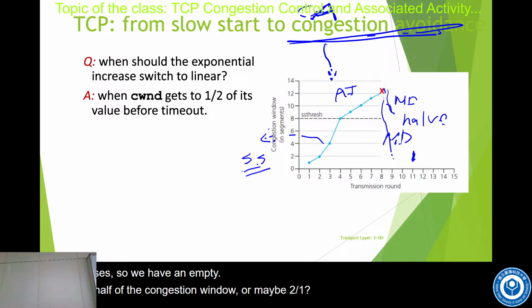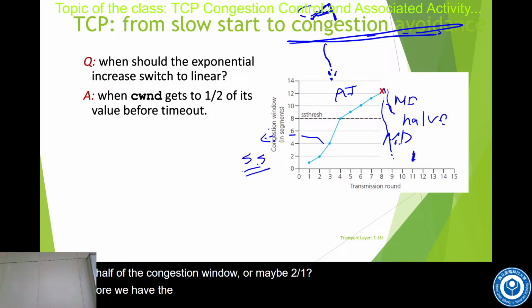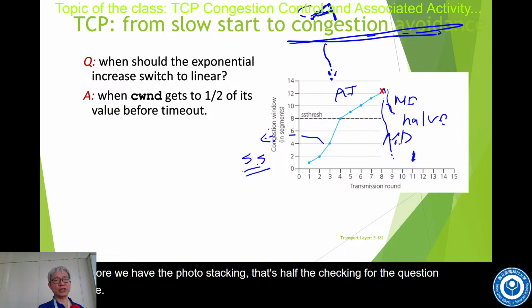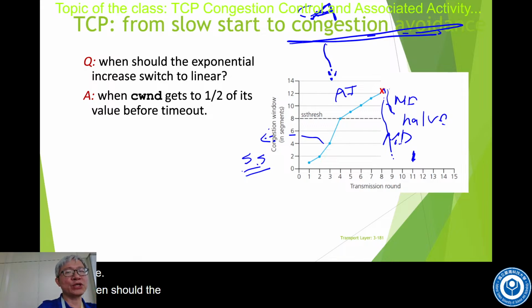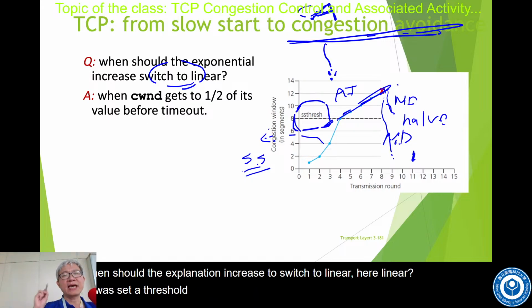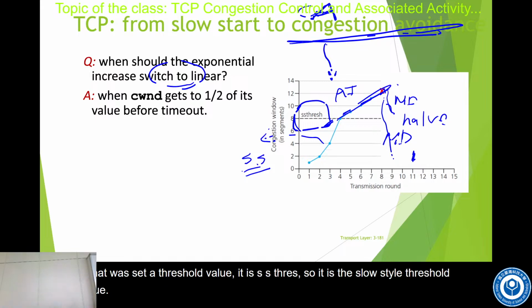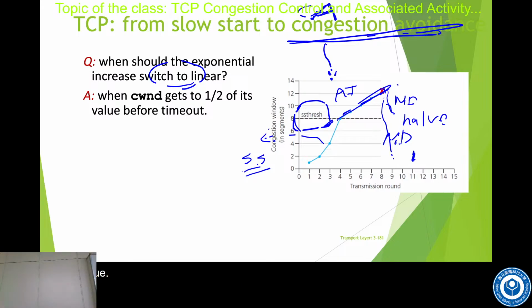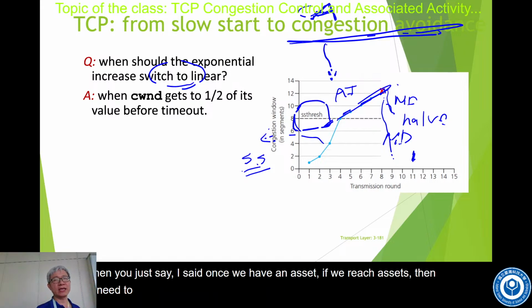Before we go further, let's check a question here. When should the exponential increase switch to linear? In fact, we set a threshold value, the SS threshold, the slow start threshold. Once we reach the SS threshold, we need to switch to the linear increase.